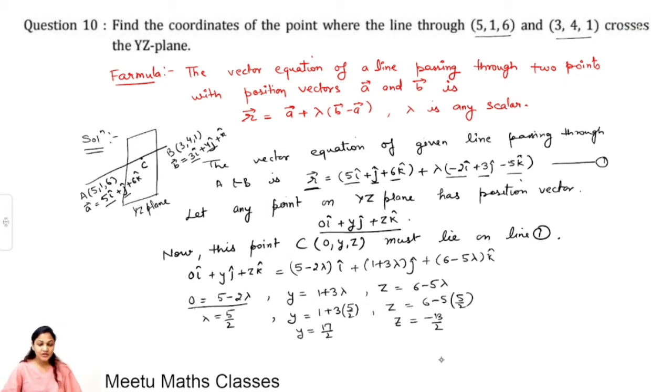So the coordinates of the required point C are 0, 17 by 2, and minus 13 by 2.